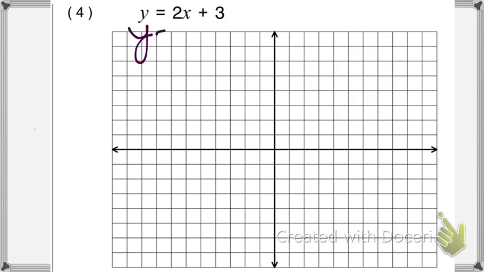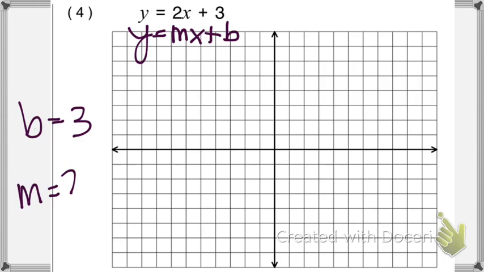All right, y equals mx plus b. B is 3. M is 2. Here's my start, 1, 2, 3, and then our slope, we need a rise and a run, so we're going to go up 2 over 1, and so I was going up and to the right, so if I do the exact opposite, down and left, I can get some more points.